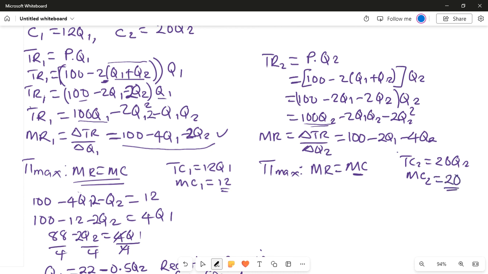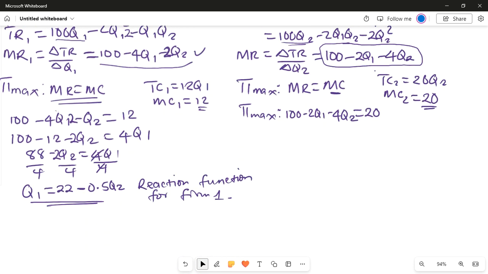What does this mean? It means that profit is maximized at a point where marginal revenue is this function here. So this is going to be 100 minus 2 Q1 minus 4 Q2, which is equal to marginal cost of 20, right?